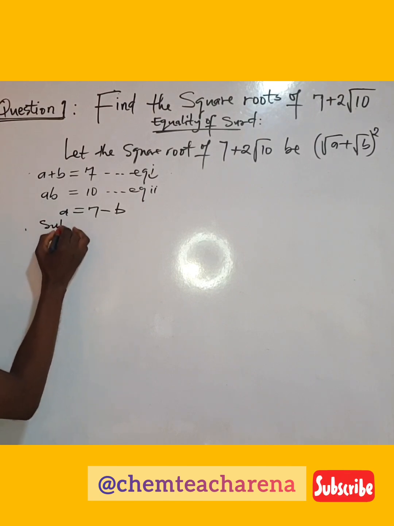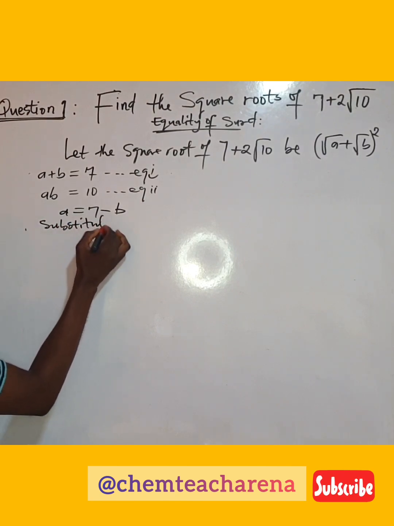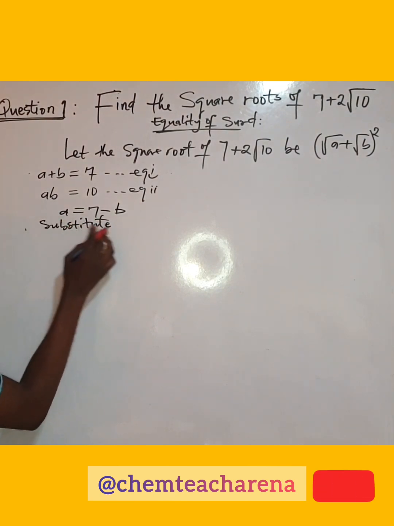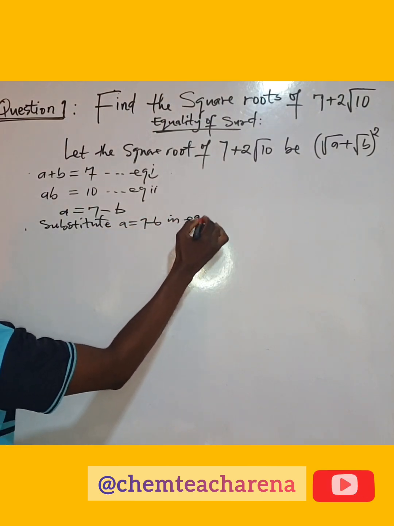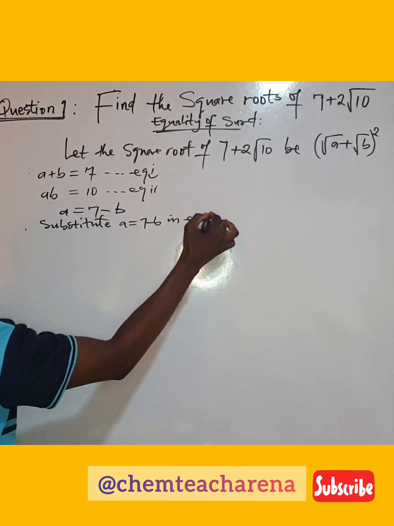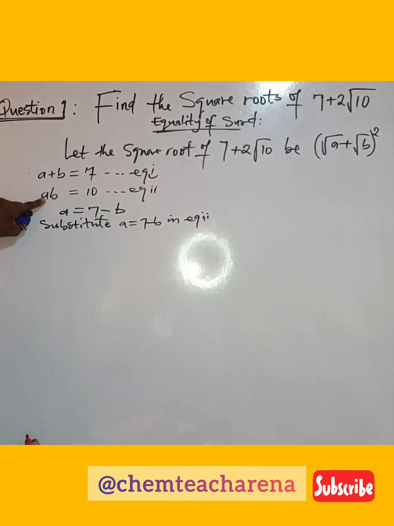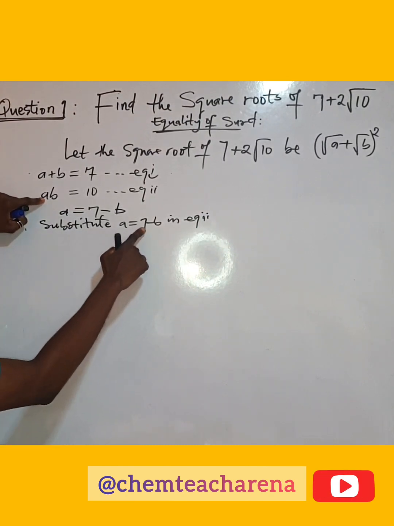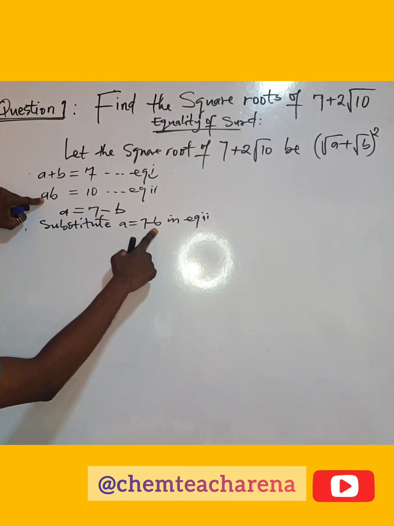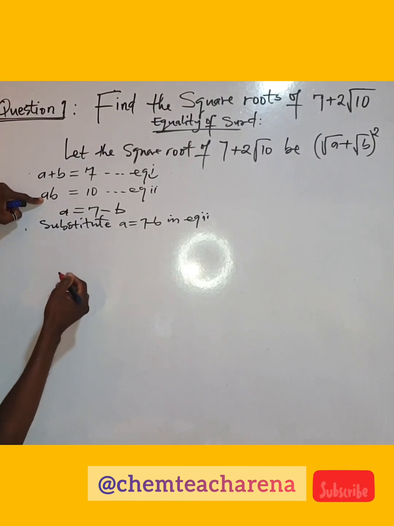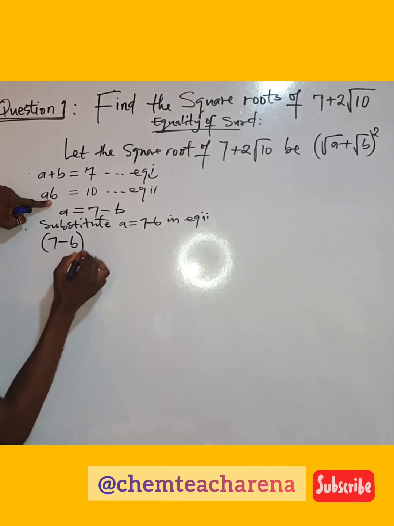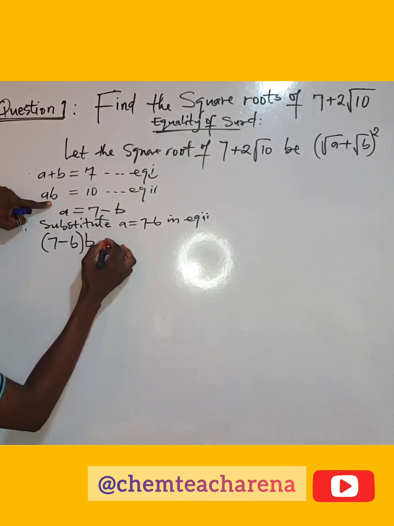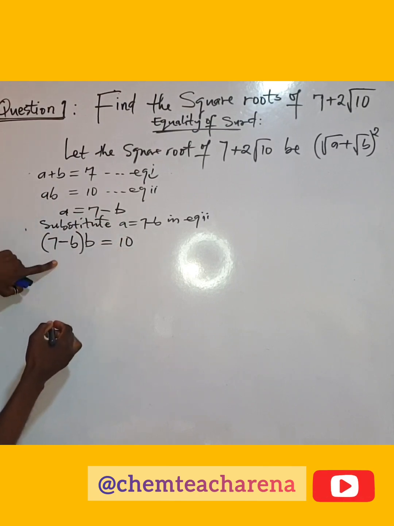Then substitute a equals 7 minus b in equation 2. Where we look at this a in equation 2, we are going to put 7 minus b in place of this a. So doing that, what do we have? We have 7 minus b, put it in bracket because we are having b outside, equals 10. So let's open this bracket.